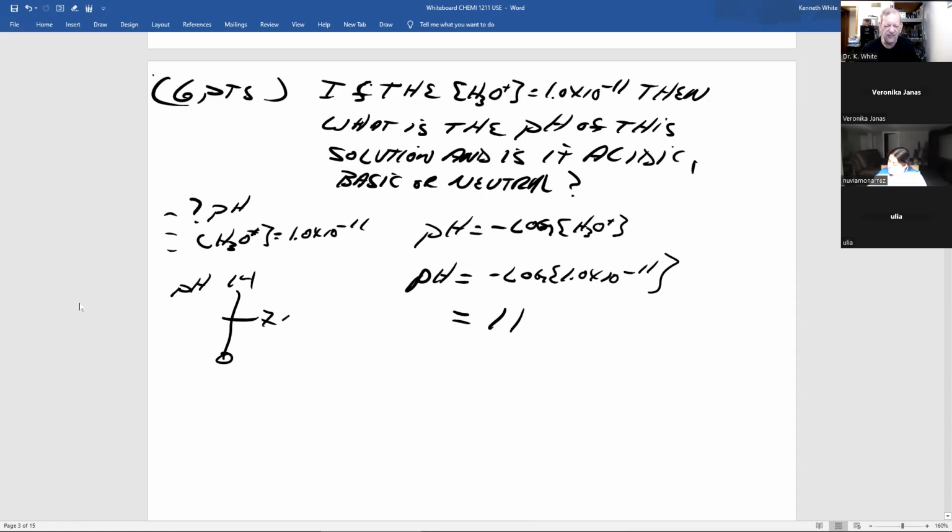When the pH is 7, it's neutral. When it's above 7, it's basic. When it's below 7, it's acidic. And now you've got to do some higher level thinking. Is 11 below or above 7? And time's up, they all picked above, and therefore this is a basic solution.